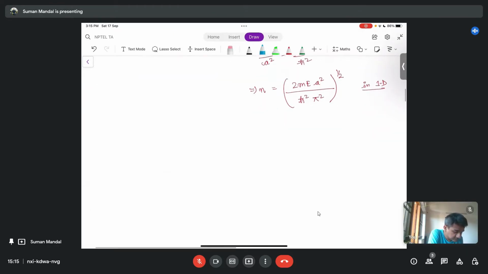So since it's an infinite sort of space in n space, there are nx, ny and nz dimensions, and then there is a sphere here.